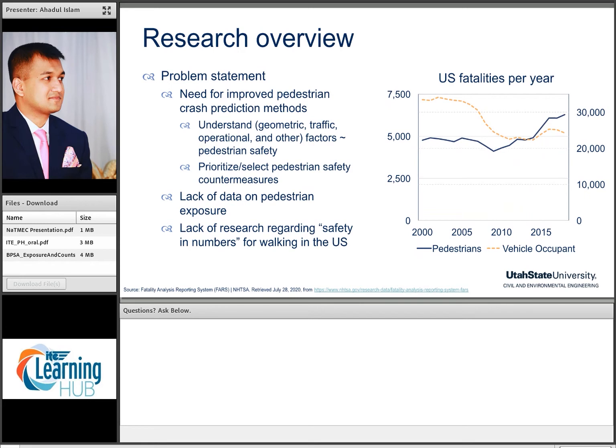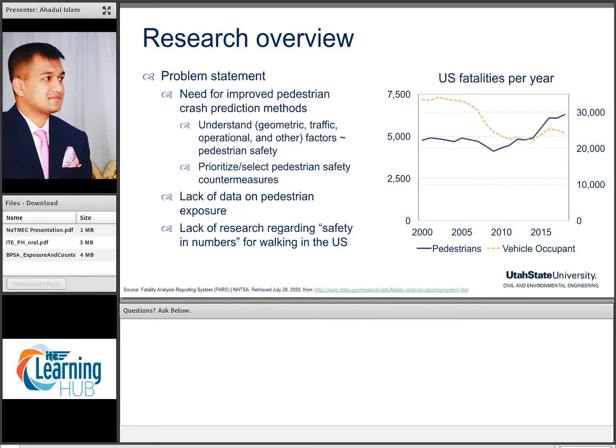Considering per year fatalities of pedestrians and motor vehicle users, we observed a decreasing trend in death of vehicle occupants and an uptrend in death of people walking on streets.